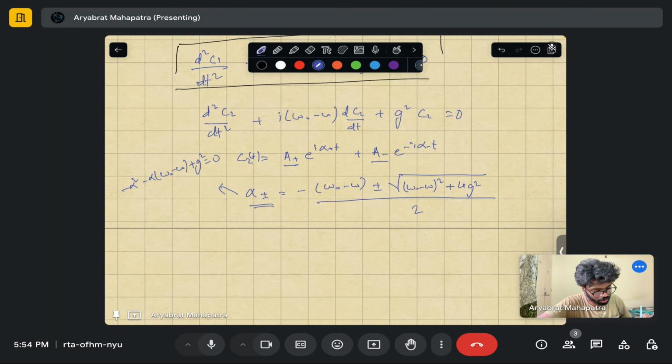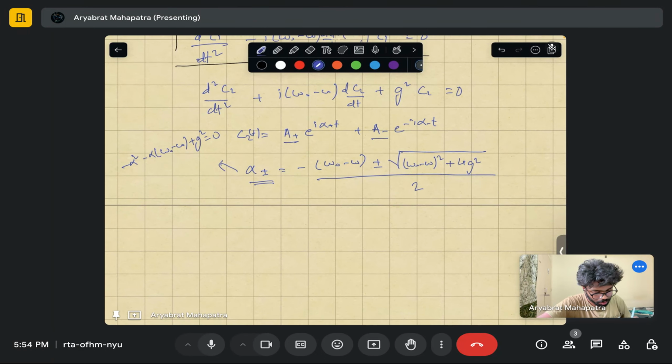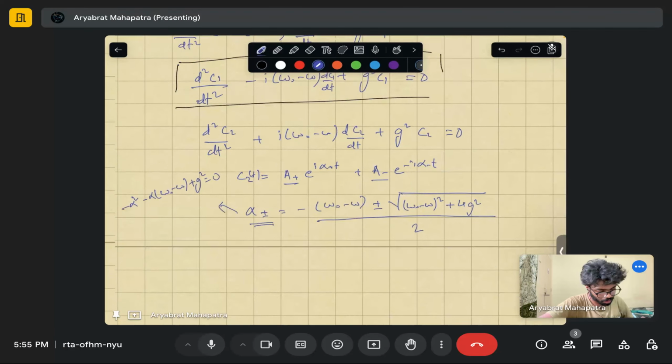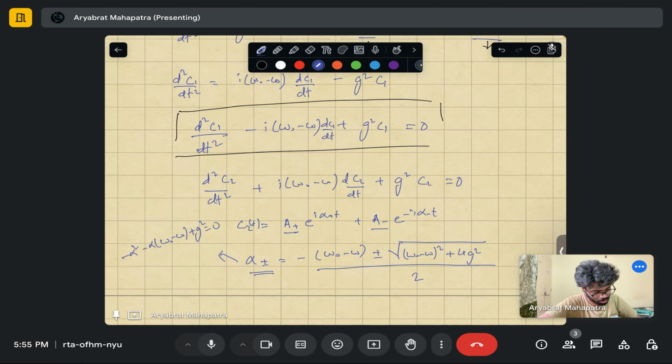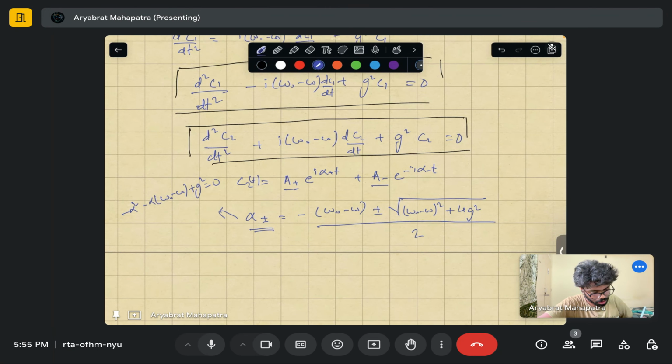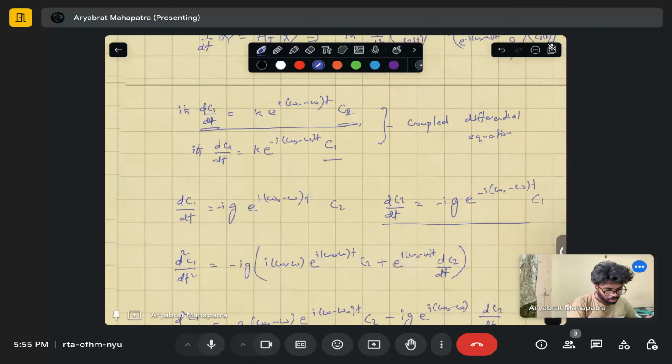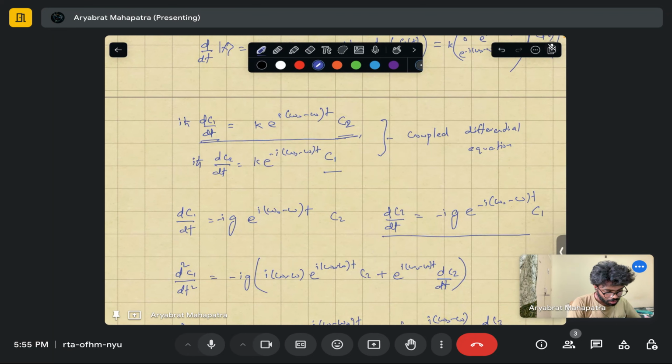From here you can get alpha plus minus, and then C1 I can calculate by simply putting it in this expression.